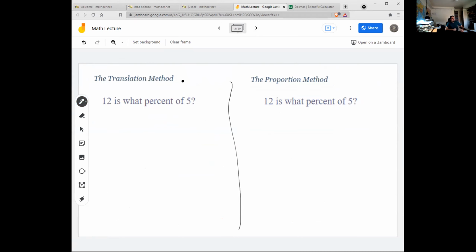Somebody do this for me. Let's start with the translation method. How do I translate 12 is what percent of 5?